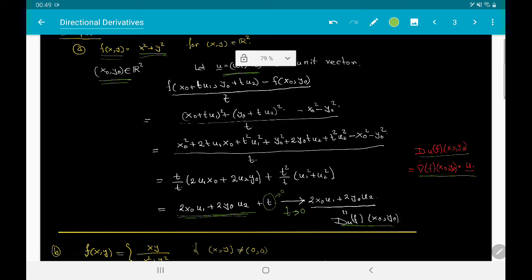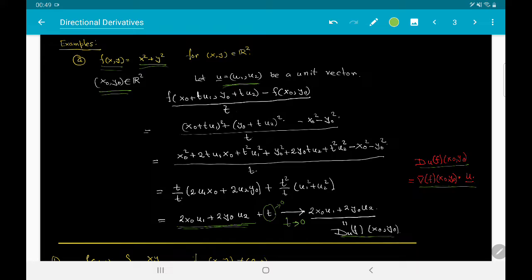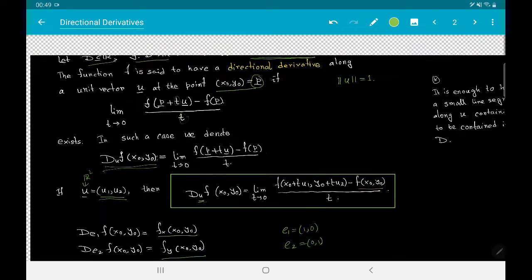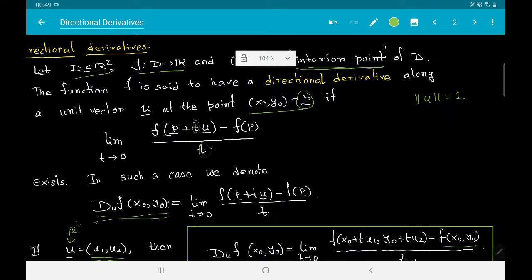What I forgot to tell you is that we do not really need the point P to be an interior point.